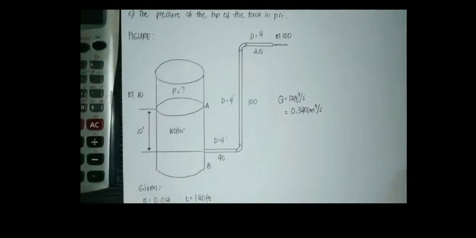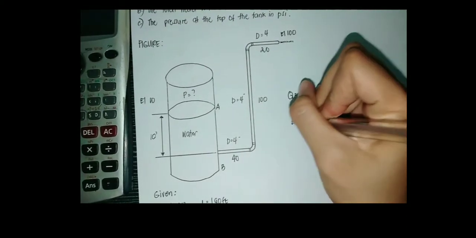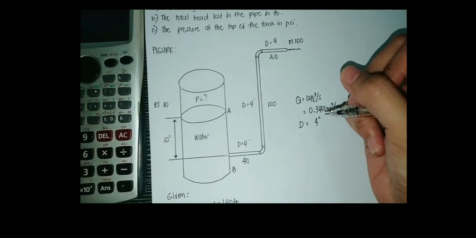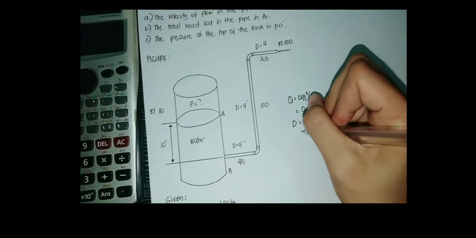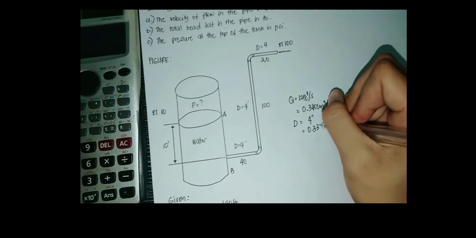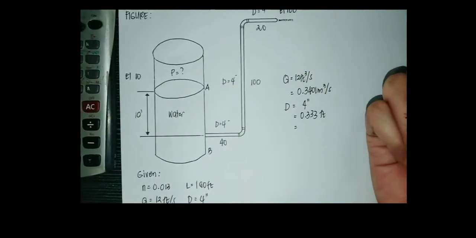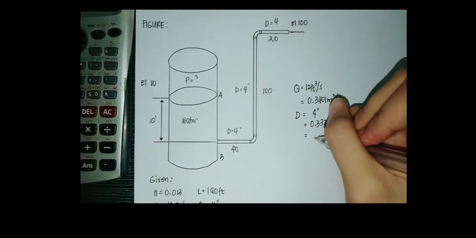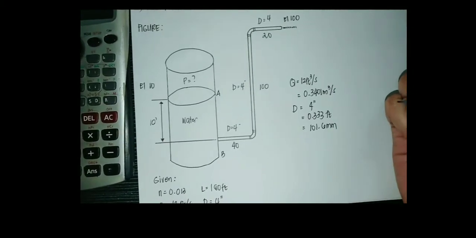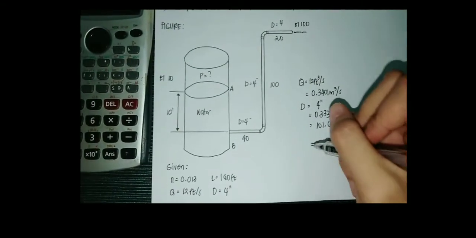The next one is the diameter, which is 4 inches. Converted into feet, it is 0.333 feet. We also need to convert it into millimeters, which is 101.6. And then lastly, our length.